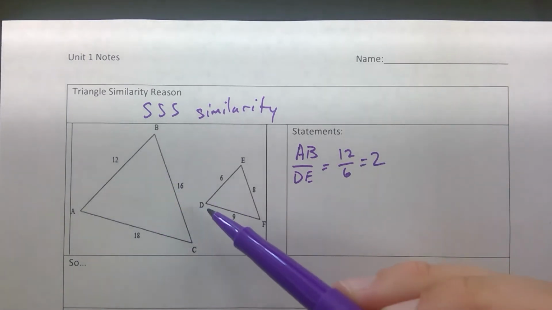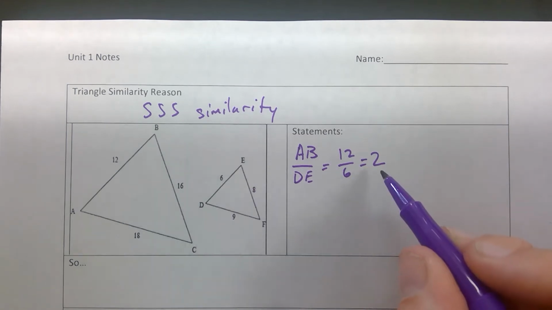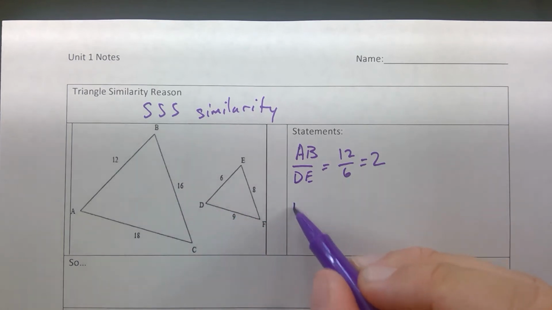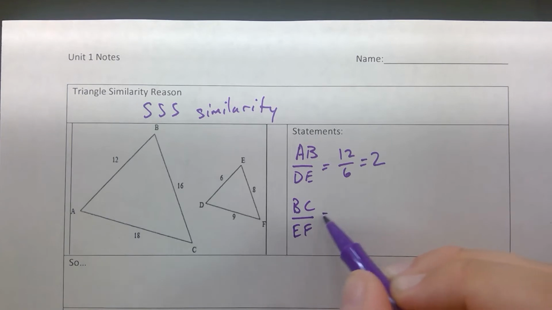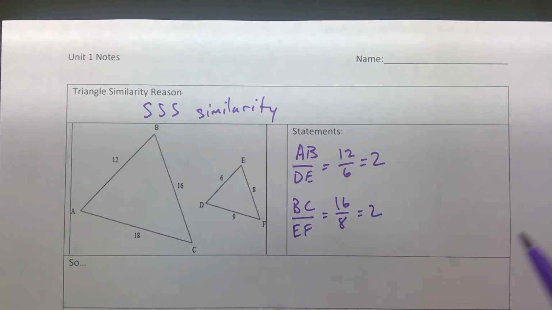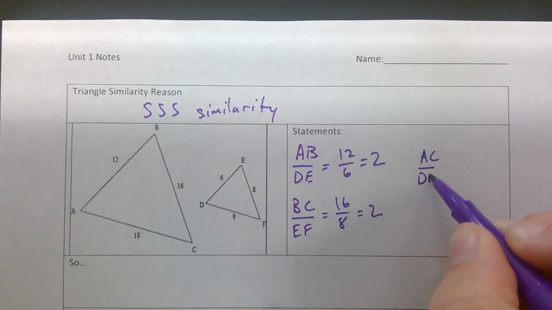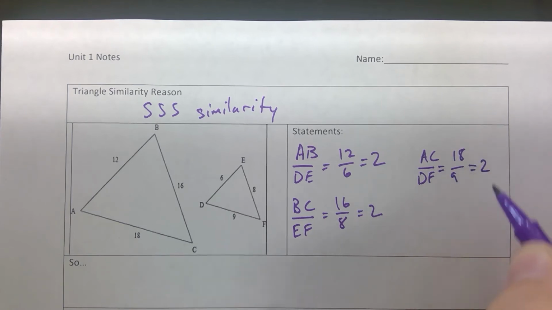So AB, DE, those are corresponding sides, and they have a proportion of 2, a scale factor of 2. Let's look at BC and EF. That's 16 over 8 equals 2. And then AC and DF are the last two. So AC over DF equals 18 over 9, which equals 2.